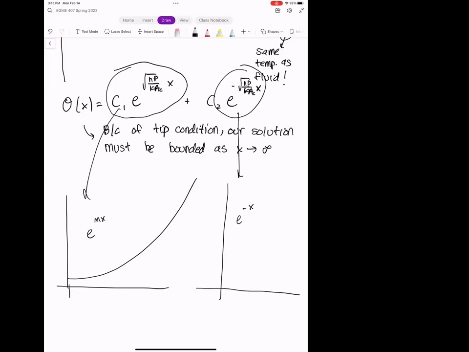e to the minus x looks something like this. And as x goes to infinity for e to the minus x, this is going to asymptote down to 0. And so what this tells us is that since x going to infinity is part of our solution now, the C1 term just can't exist, because if that term exists, then as we take the limit as x goes to infinity, it's going to blow up.